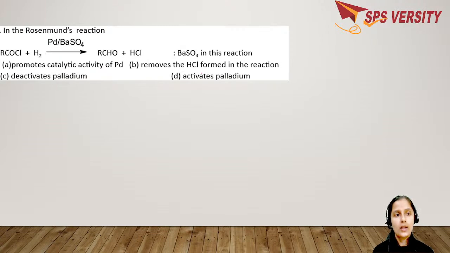So you have the Rosenmund reduction, that's acyl halide. When it is reduced in the presence of palladium or barium sulfate, you are going to get aldehyde plus HCl. What is the role of barium sulfate in this particular reaction? What do you think it is?